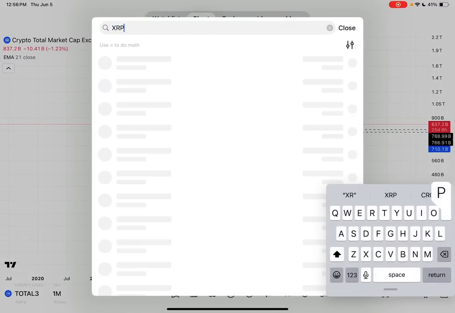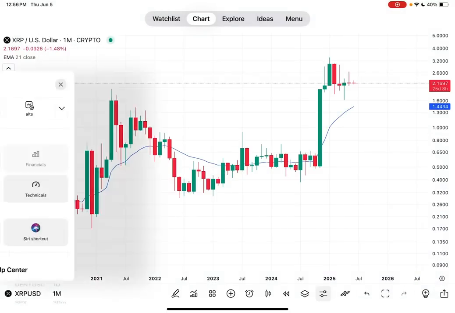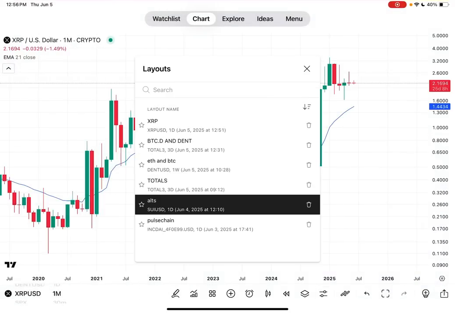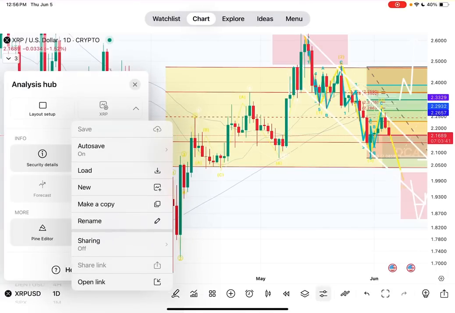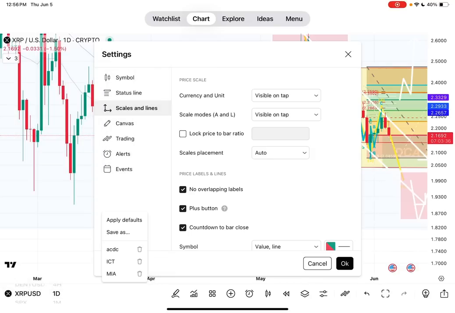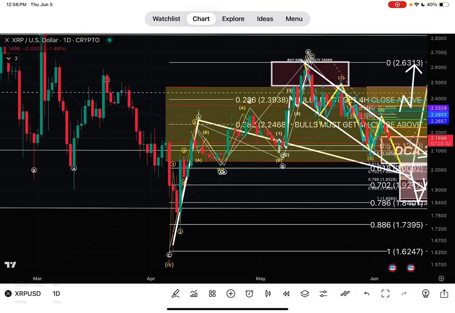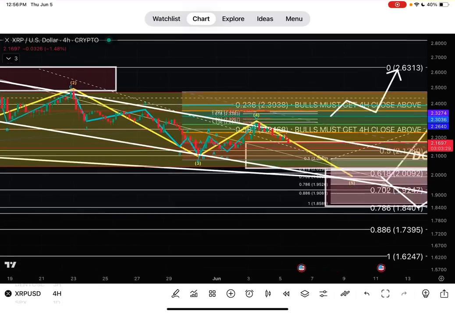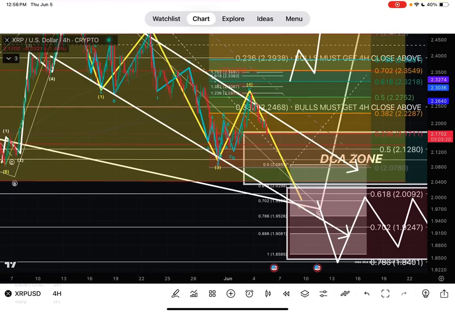What we would want to see here on XRP going forward is, let me go back to the XRP chart here. Okay, so what we would want to see on XRP here going forward is a 4-hour close back above 2.2468 and 2.3933 in order to invalidate more downside.